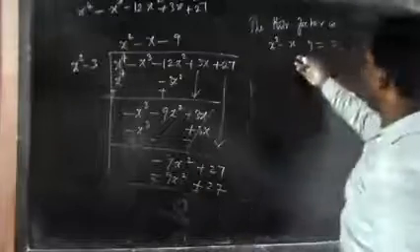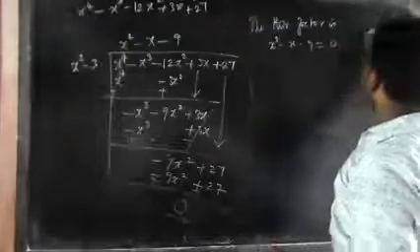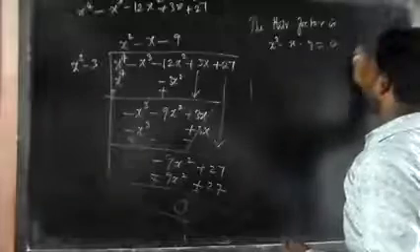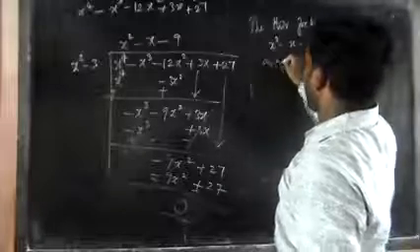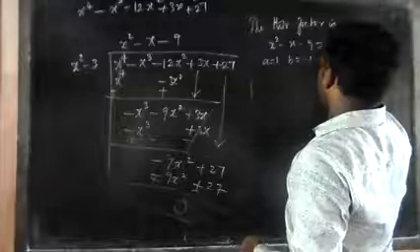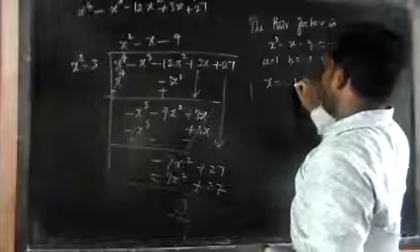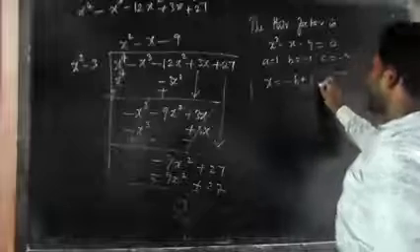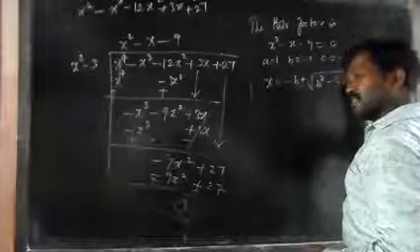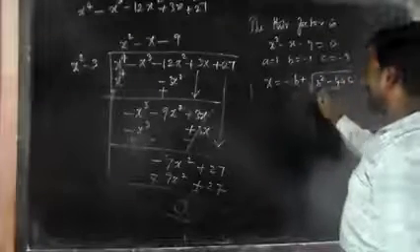How to solve? Need not find this value, applying the formula. What is the a value? a value is 1. b value is minus 1. c value is minus 9. What is the formula? x is equal to minus b plus or minus square root of b square minus 4ac by 2a.